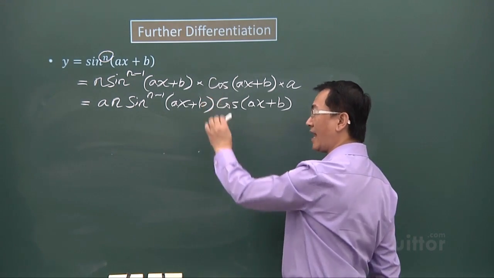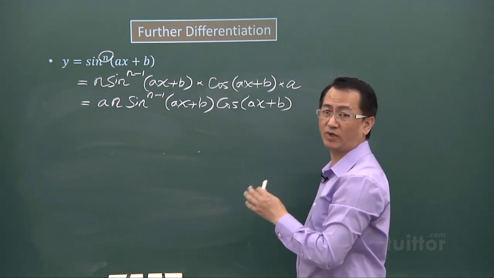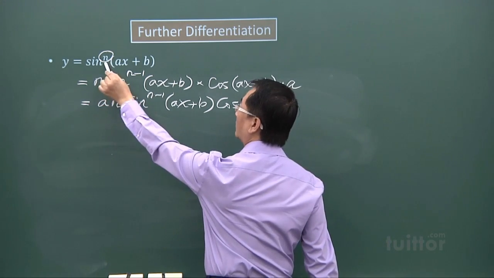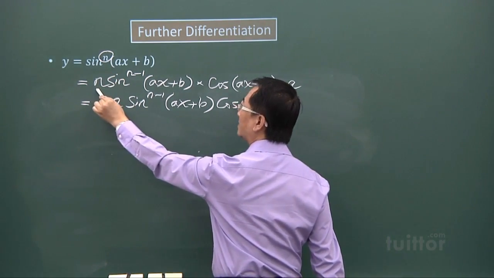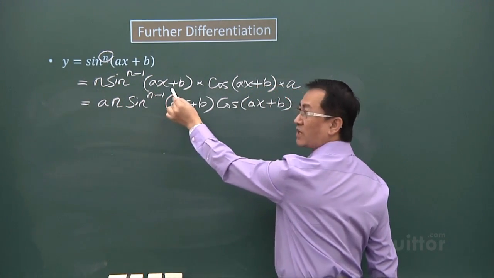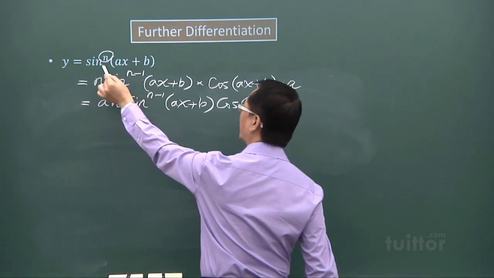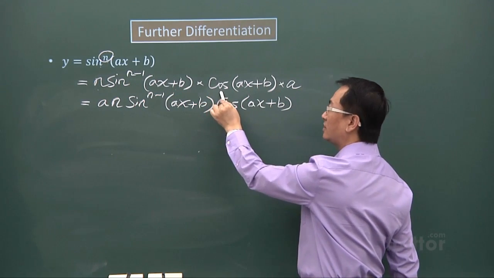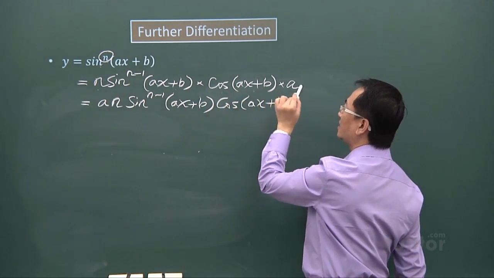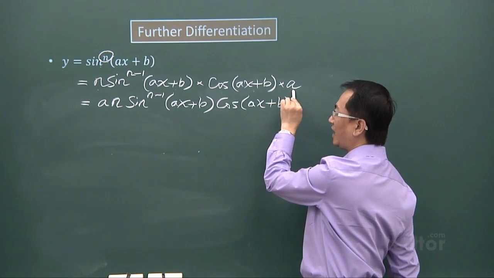Because then you write less. If you have this clarity of thought, I think it will be very helpful. So first, the power becomes the multiplier. The power is reduced by 1. The expression of the angle remains the same. Differentiating sine gives you cos, with the same angular expression. Lastly, the differentiation of the angular expression gives you a.